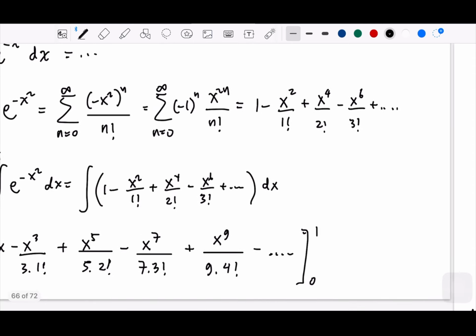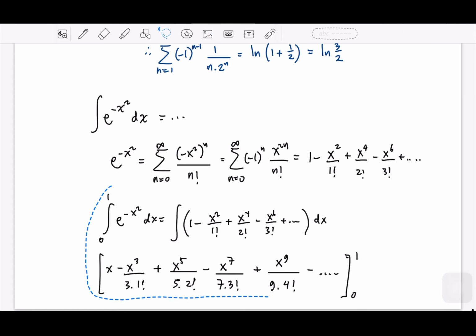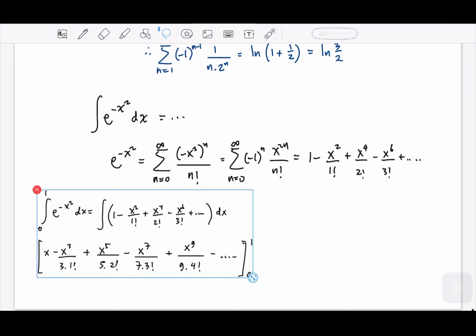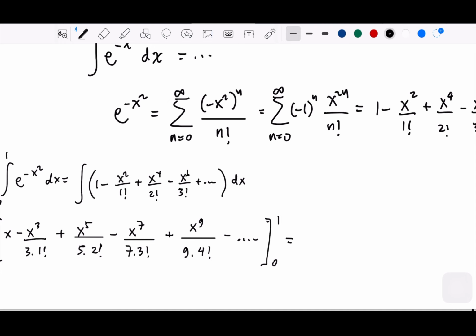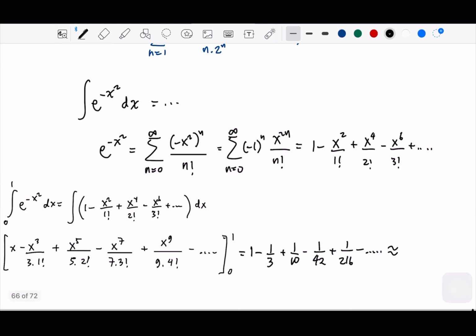Like for example, let me move this a little bit to the right and resize a little bit to make space. So we can take this, and if we plug in 1 for x, we can compute these terms, and we can say that this is approximately, we want to stop at these terms.